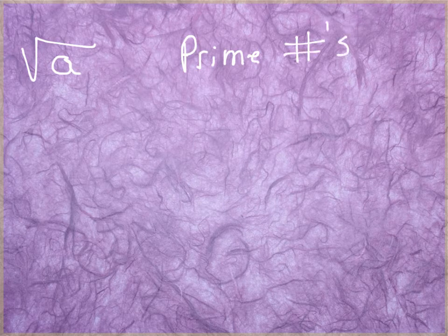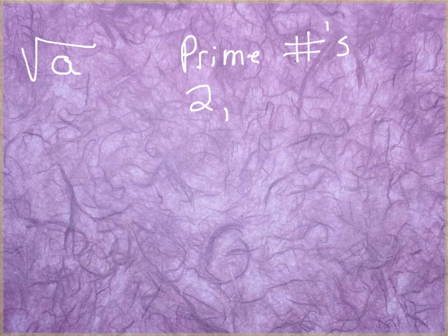When you're simplifying radicals, you got to know about prime numbers. Prime numbers are numbers whose only factors are 1 and itself. So let's take the first prime number. It's 2.